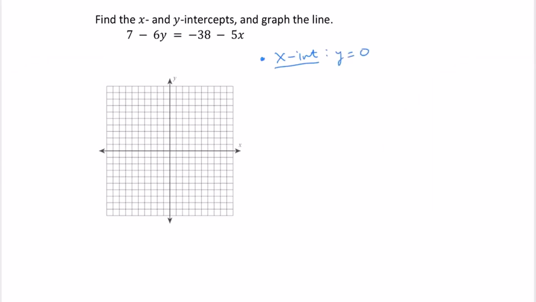So put 0 in for y, and we have 7 minus 6 times 0 is equal to negative 38 minus 5x. So that is 7 is equal to negative 38 minus 5x. Solve for x, so add the 38 over.